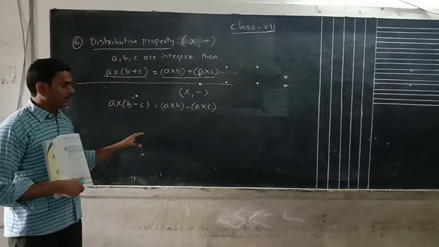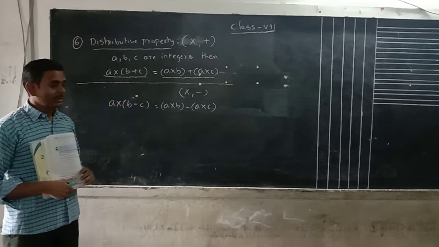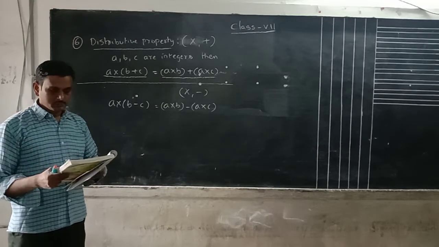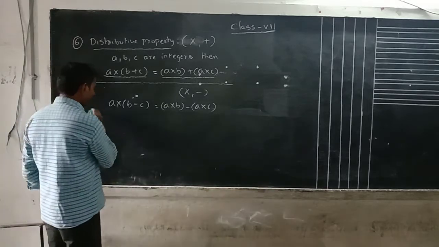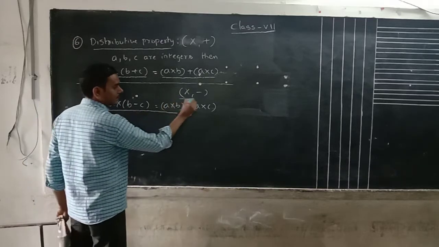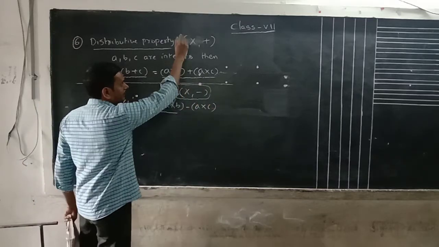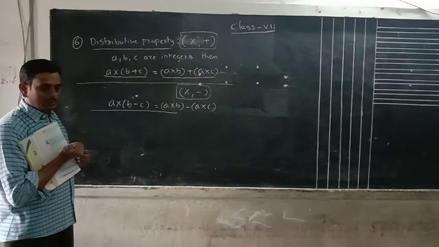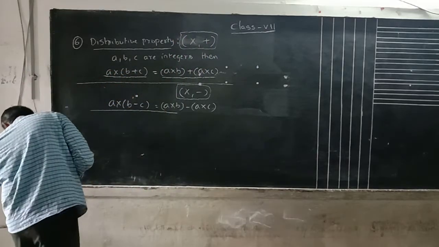By simplification, LHS and RHS will be equal. We will do some more examples. For example, this is the subtraction over multiplication, and this is the addition over multiplication. Okay, we go for the next one.